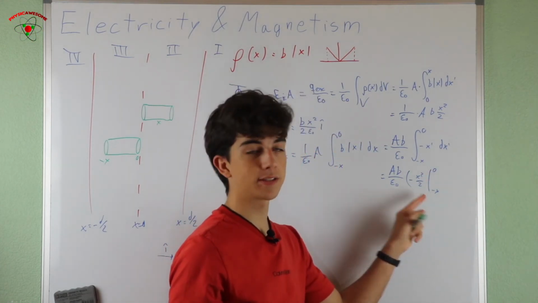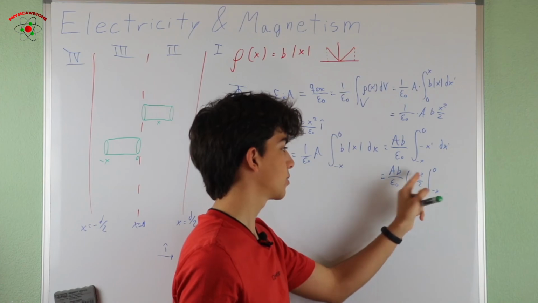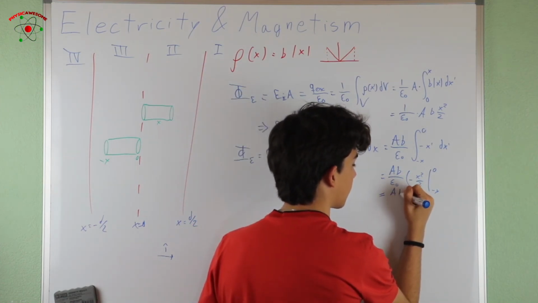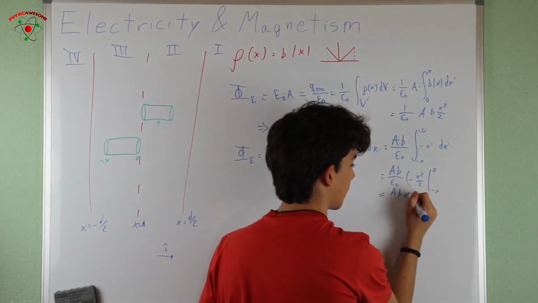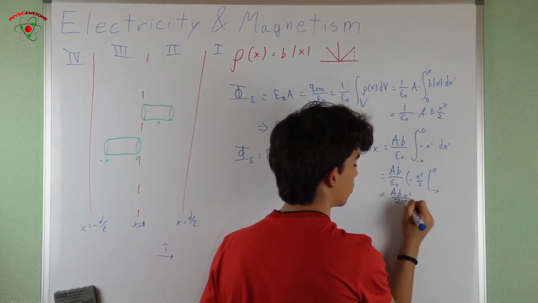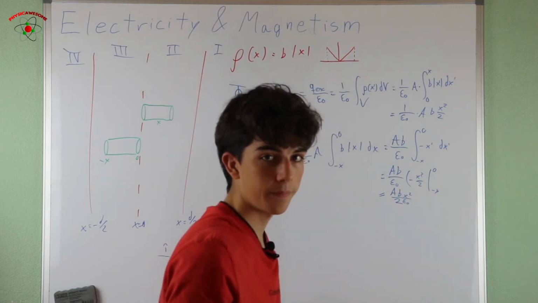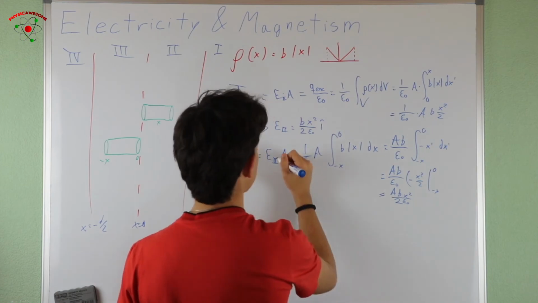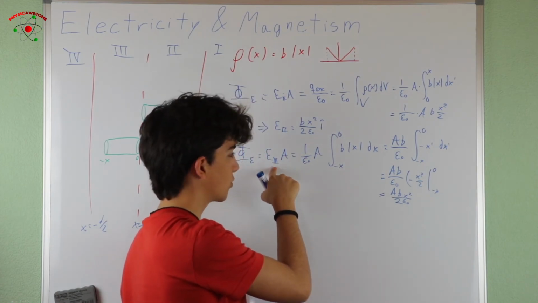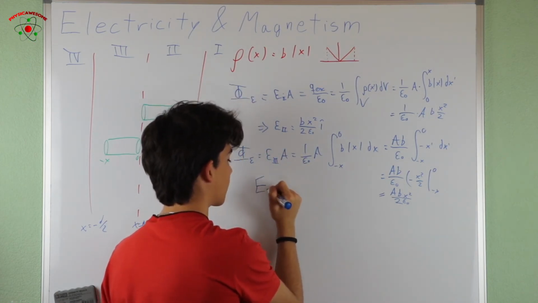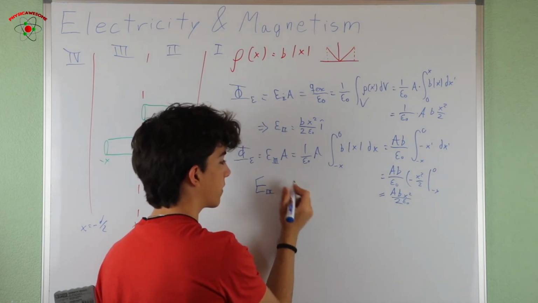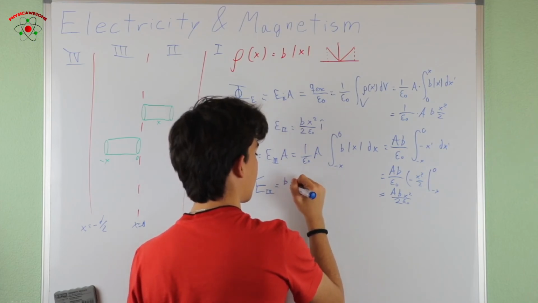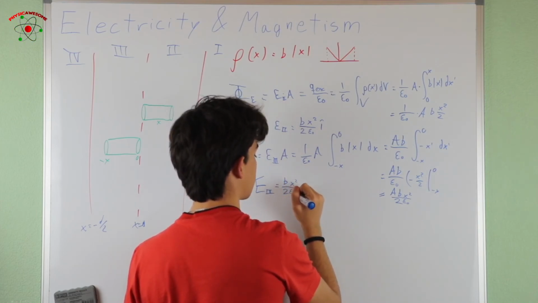Substituting 0 gives nothing, and minus this, substituting the x squared gives us A b x squared over 2 epsilon naught. And now we can cancel some of these things. This is x cubed, sorry about that mistake. And we have that the electric field in this region is b x cubed over 2 epsilon naught.